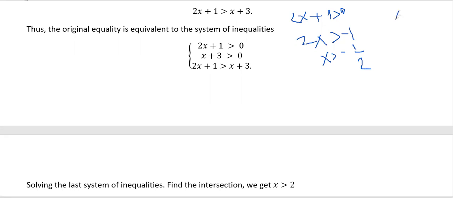And the next inequality, x greater than minus 3, and the last inequality here. Combine the like terms, move x to the left side as minus x, and 3 minus 1, x greater than 2.